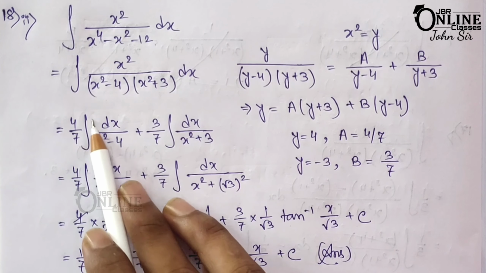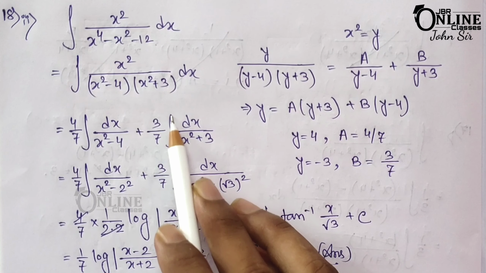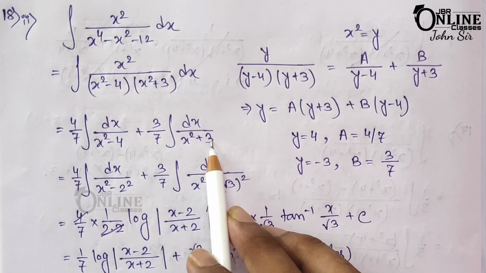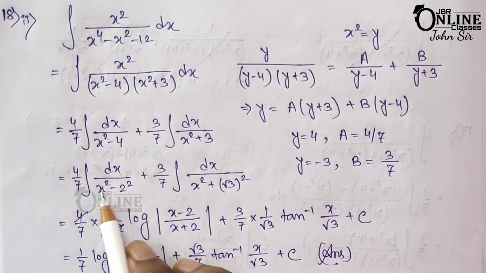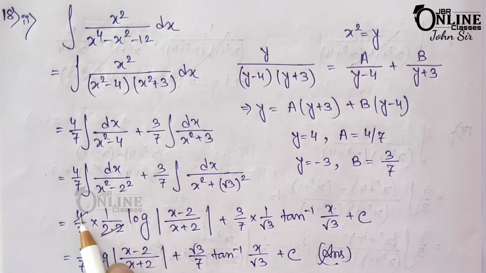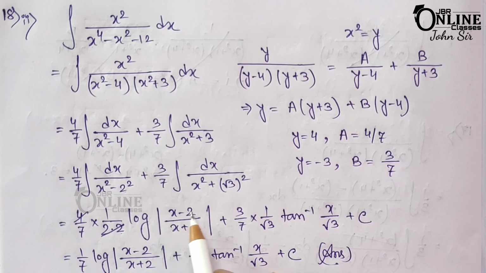So 4 by 7 integration dx by x square minus 4 plus 3 by 7 integration dx by x square plus 3. Now 4 means 2 square. So here the formula x square minus a square. So that is 4 by 7 into 1 by 2a, as a means here 2. So 1 by 2 into 2 log here x minus a by x plus a. So x minus 2 by x plus 2.